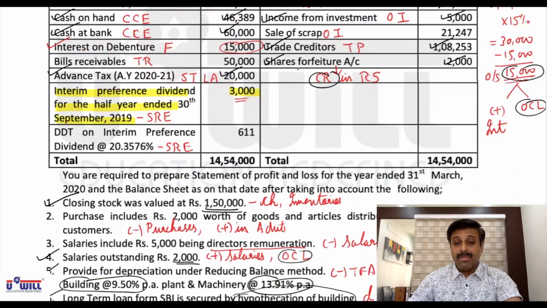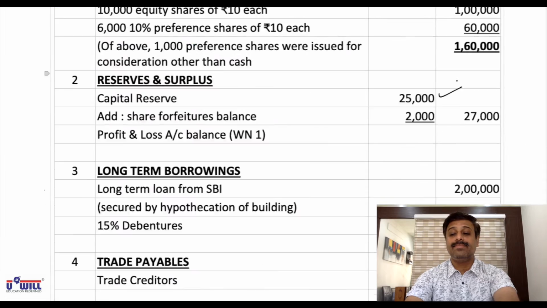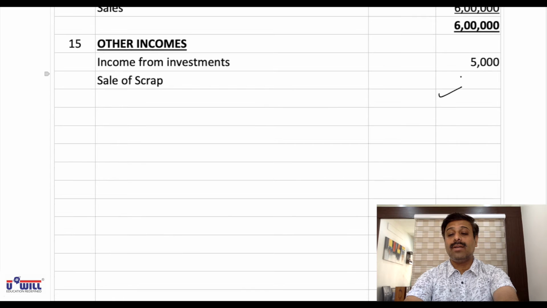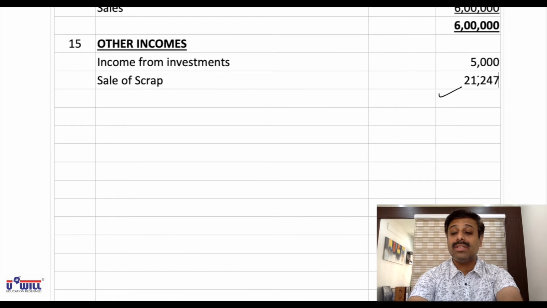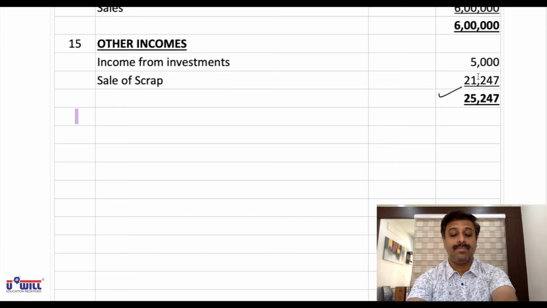Okay, sale of scrap, immediately below that we have 21,247. Two items of other incomes are there. Total will come to 26,247.